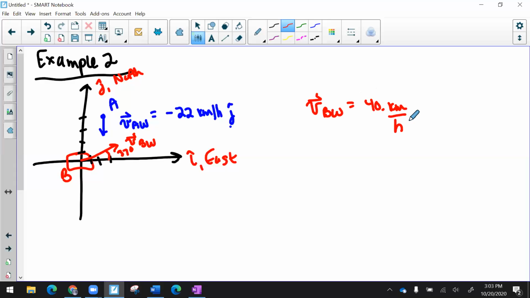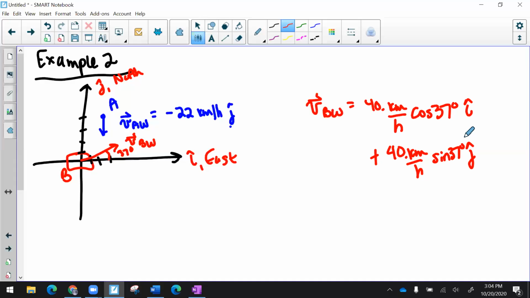So what do I multiply the 40 kilometers per hour by to get my I component or my X component or my east component? Dagny. Yeah. And that's going to give me I. And then what do I multiply it by to get my J component or my north component or my Y component? Fiona. Yeah.